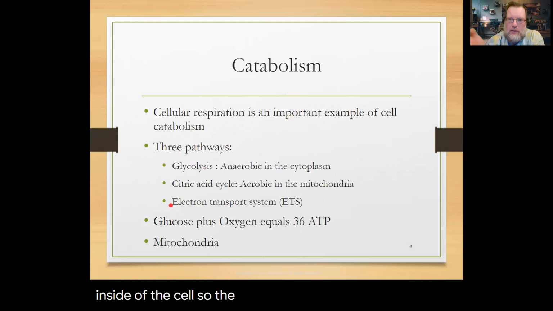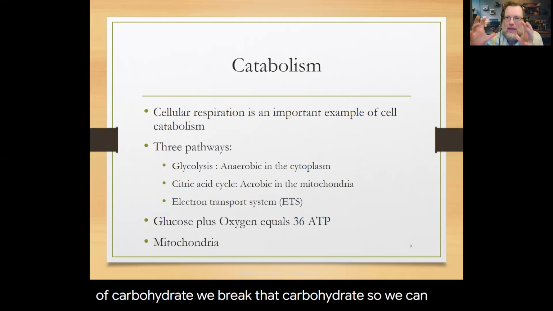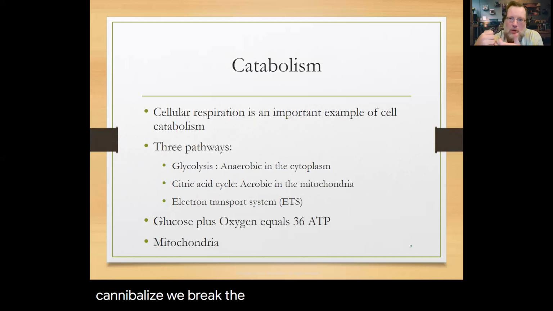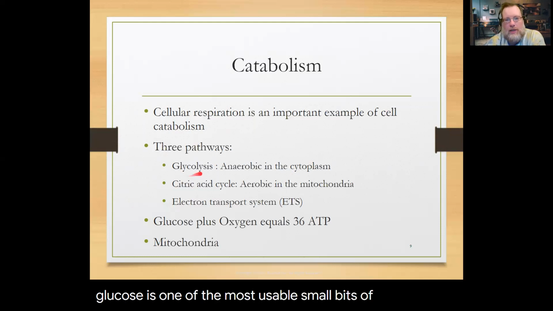We consume some sort of carbohydrate, and we catabolize it, breaking the carbohydrate into smaller bits. Glucose is one of the most usable small bits of carbohydrate that we are going to see.